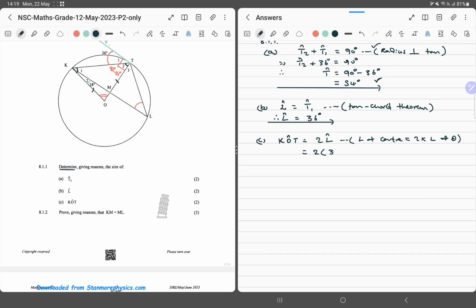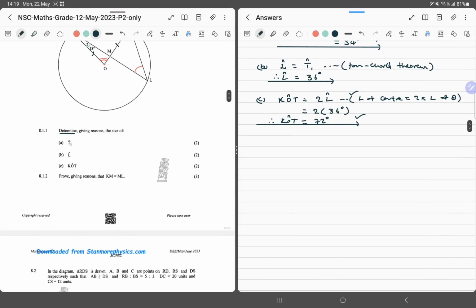This is 2 into 36 degrees, which is going to be 72 degrees. Nice and easy. So again, statement and answer there.